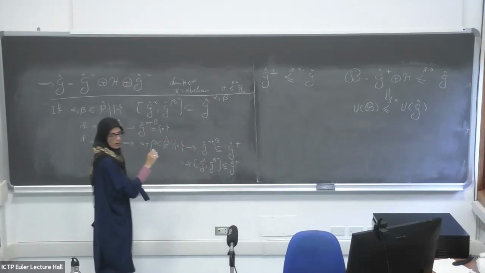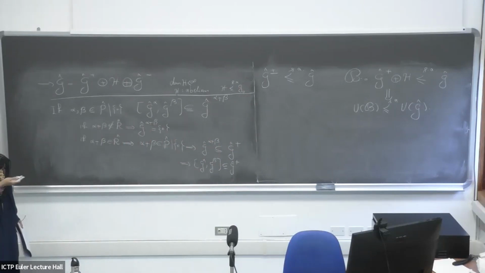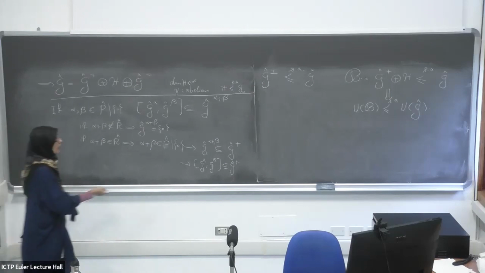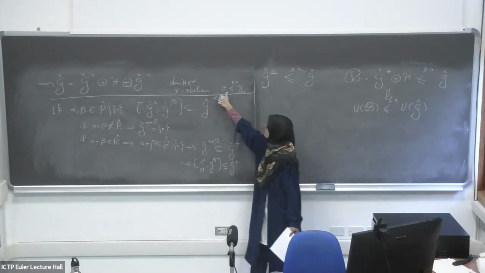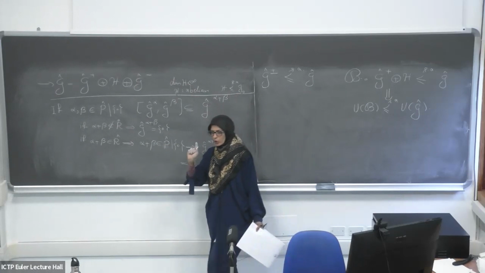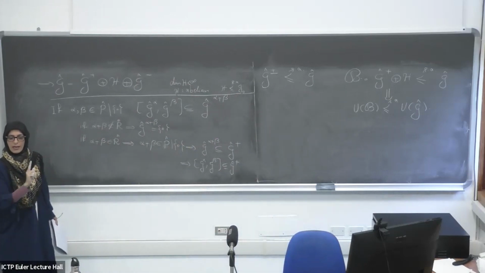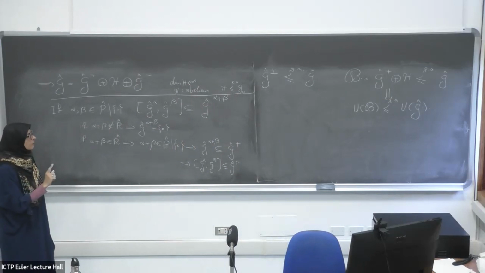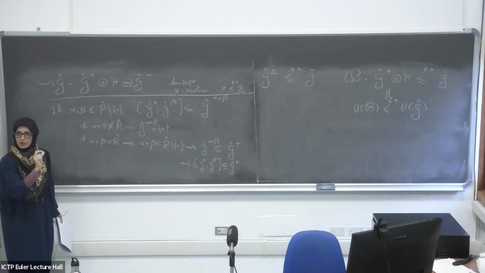It is a subset of the even part, and G0 is a Lie algebra, so H is just a Lie algebra. H is a finite dimensional abelian subalgebra of a Lie algebra. And you remember, I told you about the irreducible representation of an abelian Lie algebra, which is finite dimensional as well.